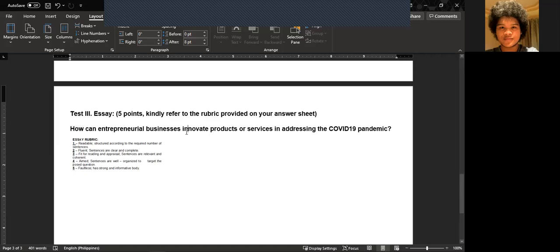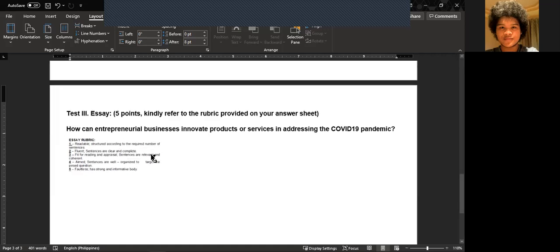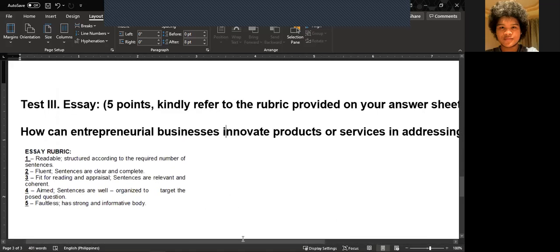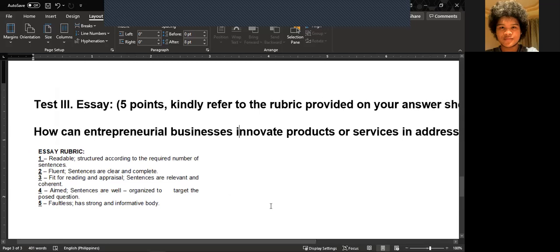Now, after you provide the essay, it is very important to provide an essay rubric. Why? Because this translates into a numerical representation of how students performed in answering the essay. Now, this is just an example. So you have 1 point, readable, structured according to the required number of sentences.